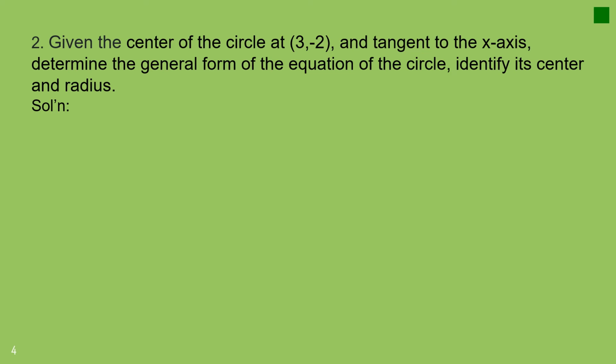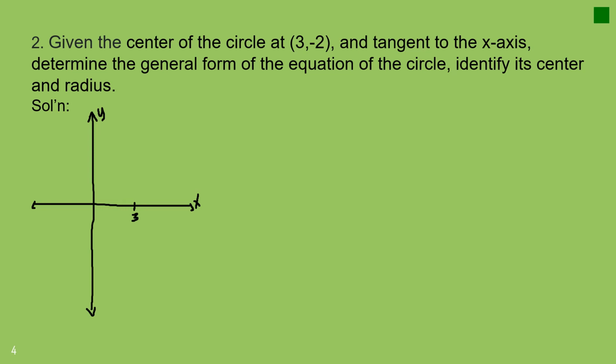So let's try to draw the graph of the circle. Let me have the y-axis here for our Cartesian coordinate system, and the x-axis this side. Center is at 3, negative 2. Let this be 3.